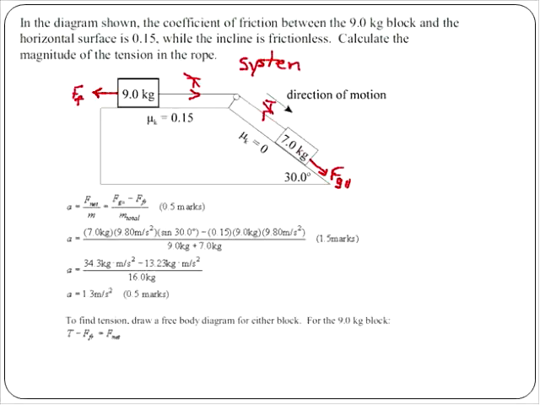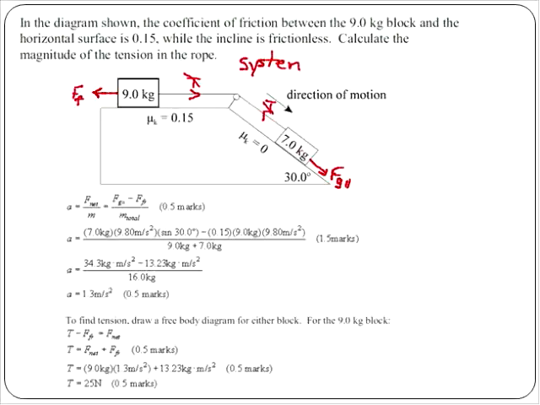Friction is pulling to the left, so it's negative, equals F net, which is ma. Okay, so tension then equals F net plus friction. Plug your numbers in, and you will get the answer, which is 25 newtons for your tension. And it only says magnitude, so you don't worry about direction. The tension in that rope, or in that string, is 25 newtons.